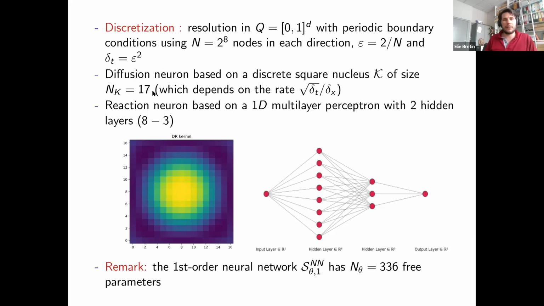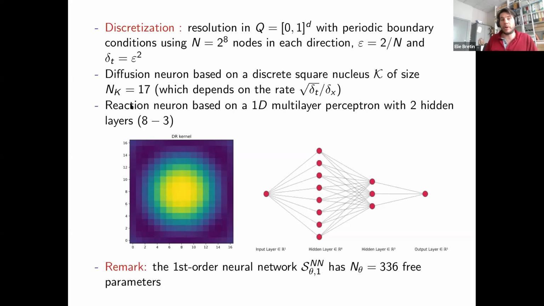But if it's not so large, the risk is to obtain some anisotropic effect. So in practice, you choose the length of the kernel to be 17. And if we plot the heat kernel associated to delta t and delta x, we fix this value to have a good approximation of the heat kernel.